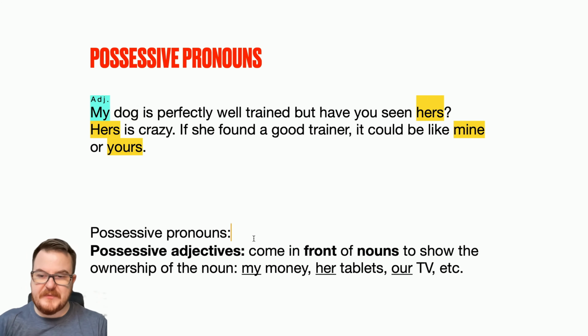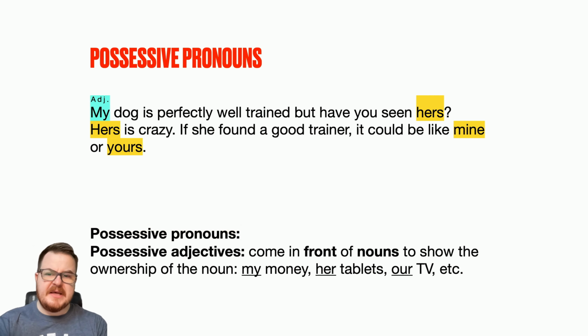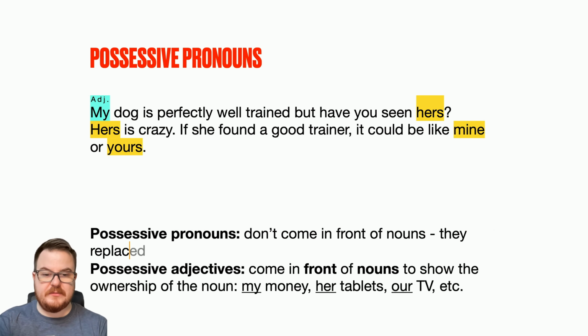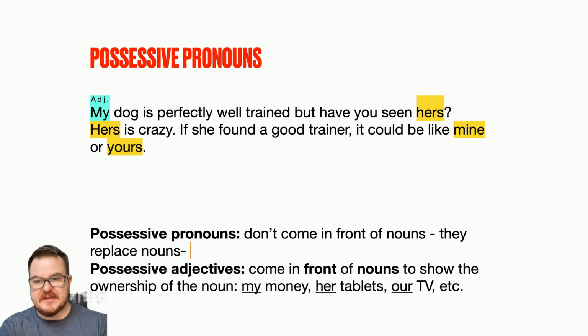Okay? So, what can we type about possessive pronouns here then? They don't come in front of nouns. They replace nouns. I think that's fair. So they work on their own. They work as a noun.